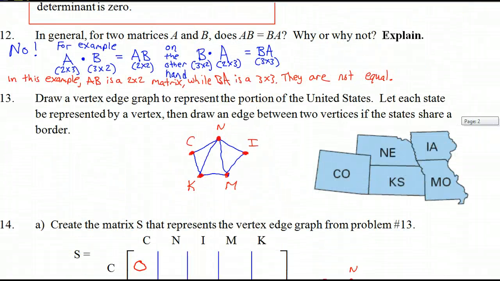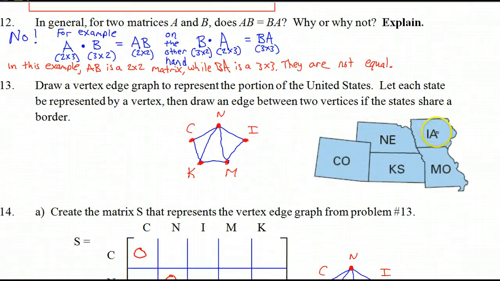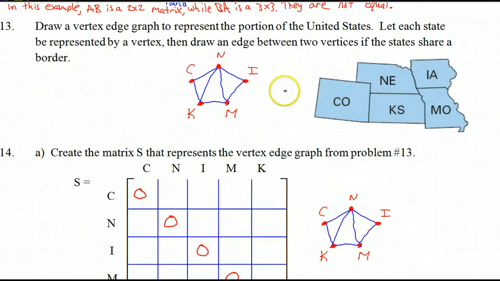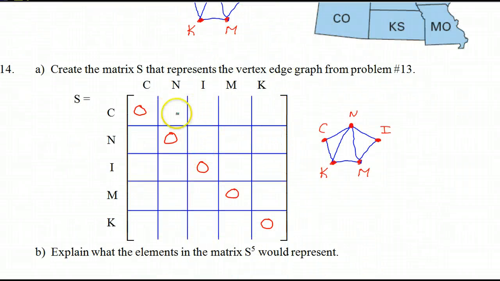So we've got Colorado, Nebraska, Iowa, Missouri, Kansas. Colorado is connected with Nebraska and Kansas. So boom, boom.